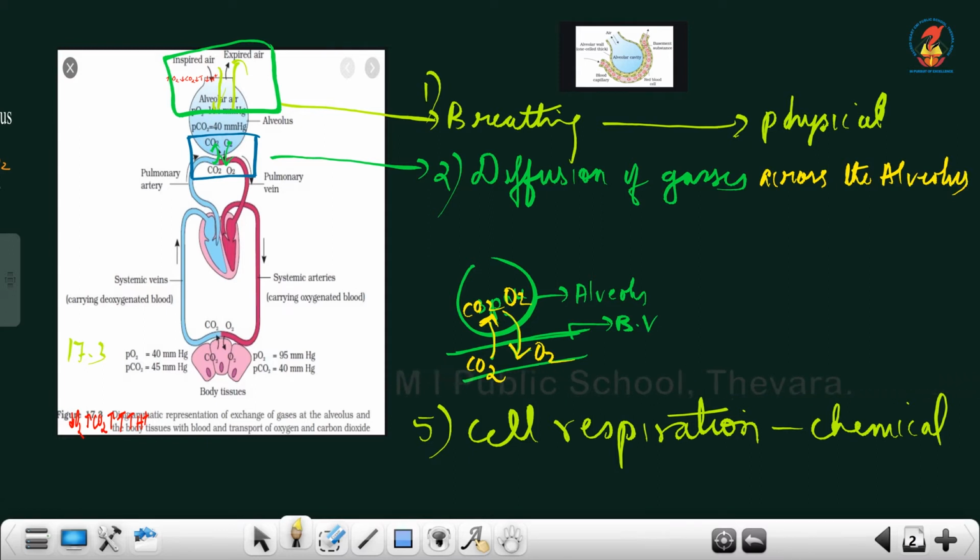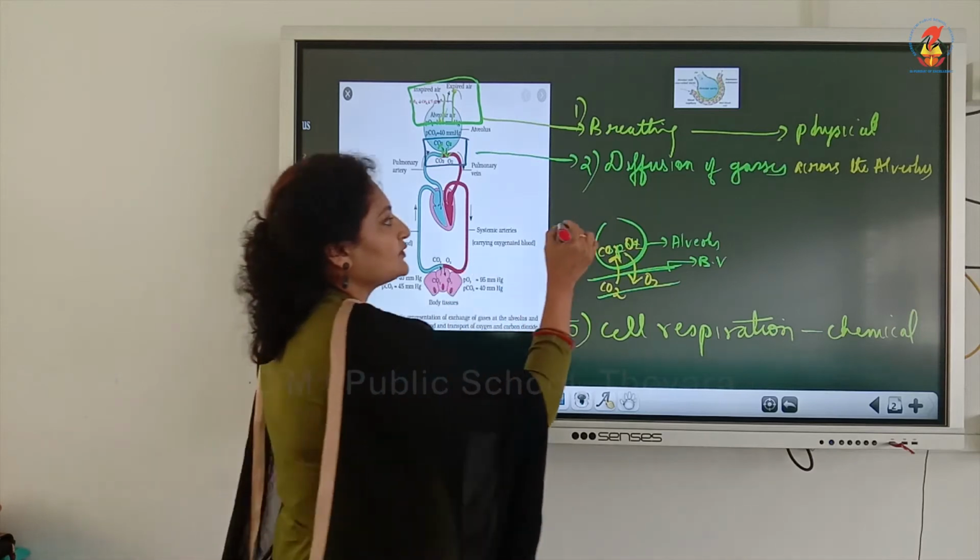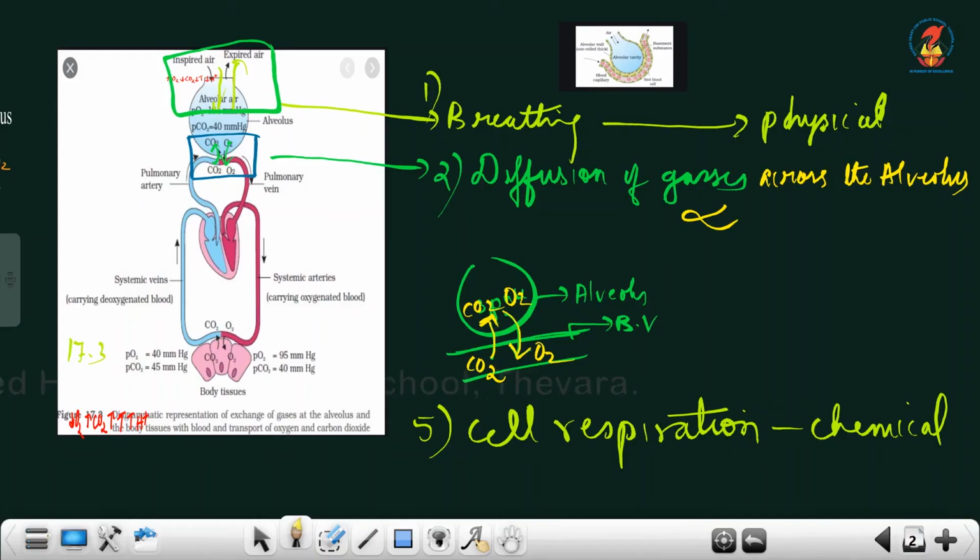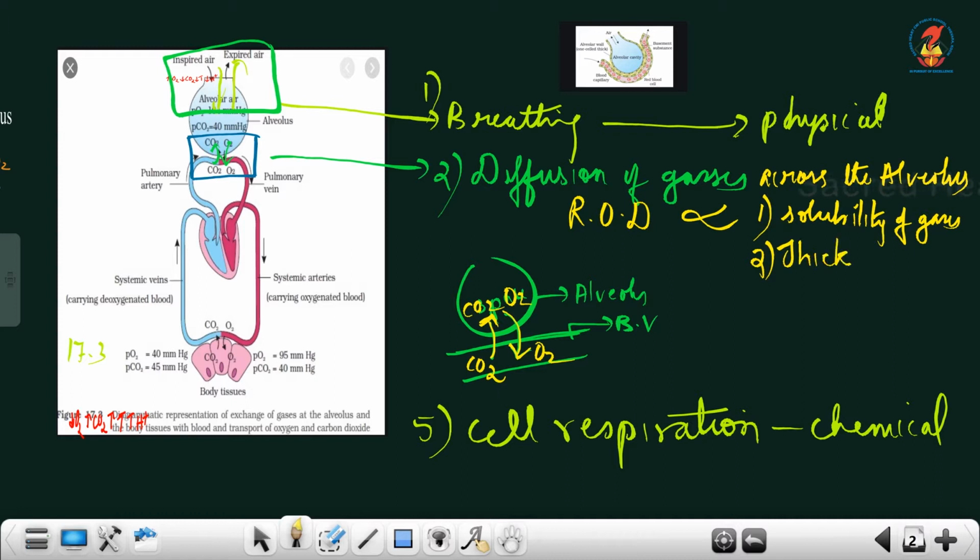For diffusion to occur, there are three parameters that should be satisfied. The rate of diffusion depends on three parameters. One, solubility of the gases. Two, thickness of the diffusion membrane.